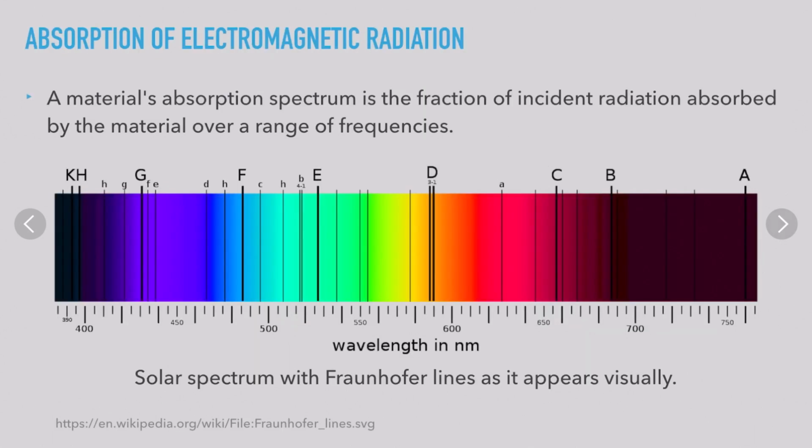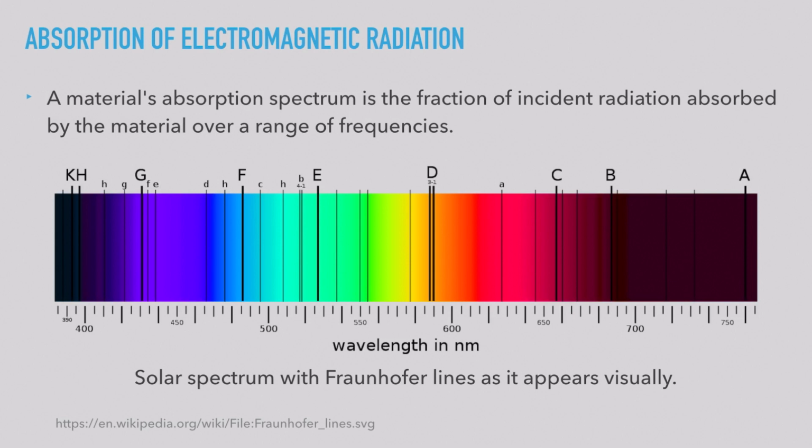Historically, if we look at the solar spectrum, if you take sunlight and diffract it with a prism, you will not find a continuous spectrum, but something like this, where you have some dark lines in between. You have the K, H lines, the G lines, the F lines, then the D lines, and so many.